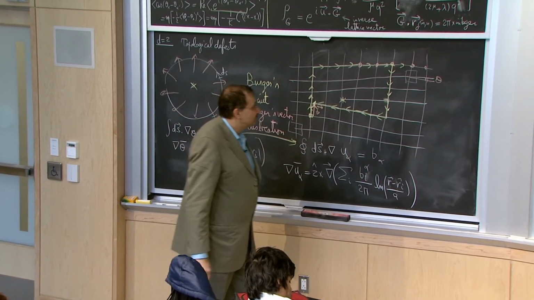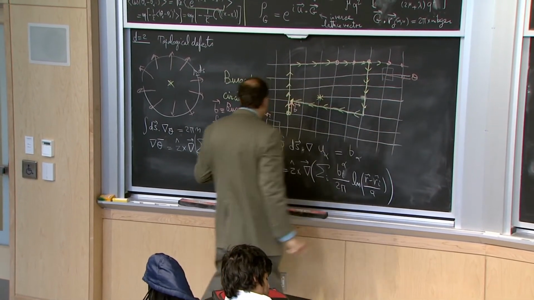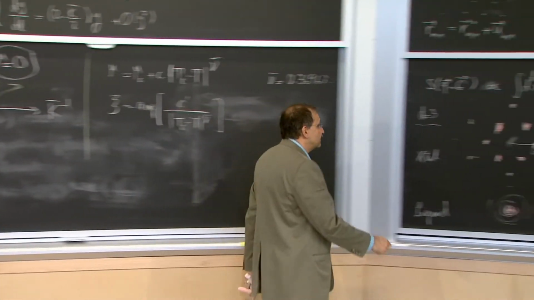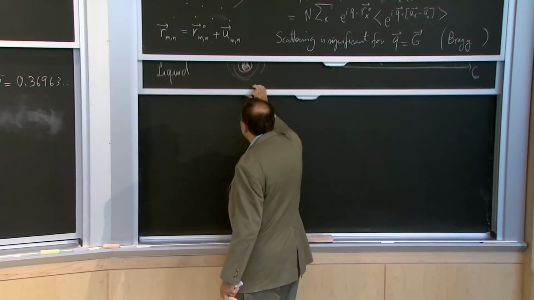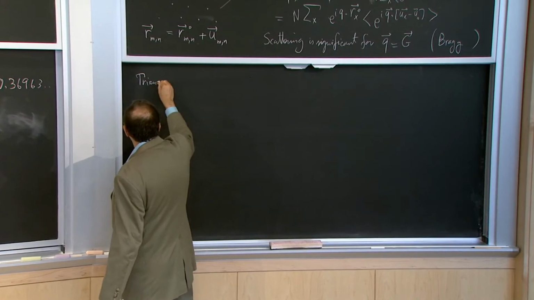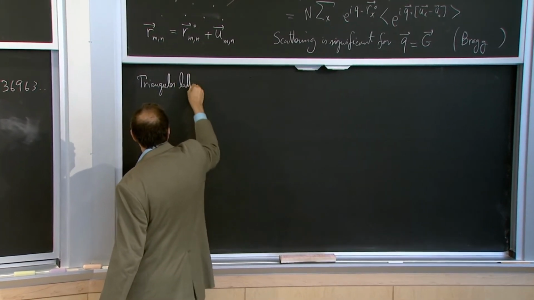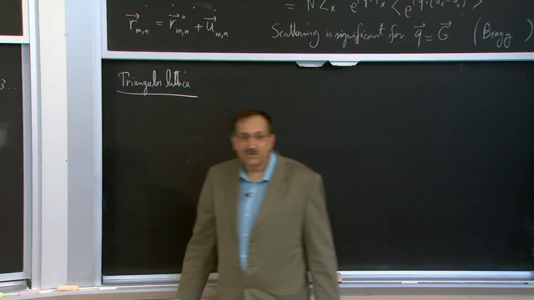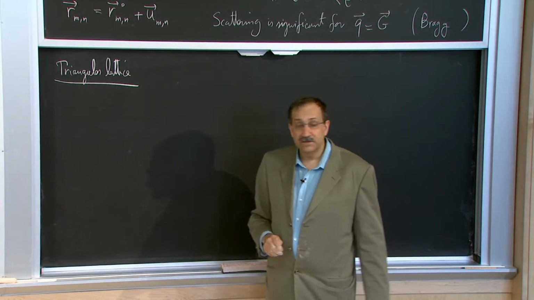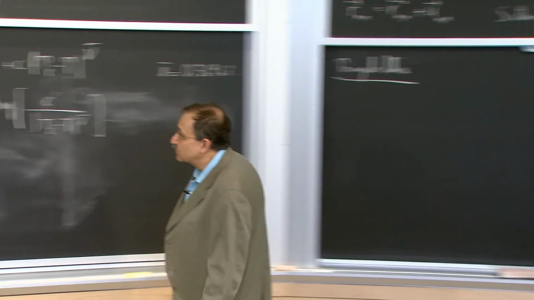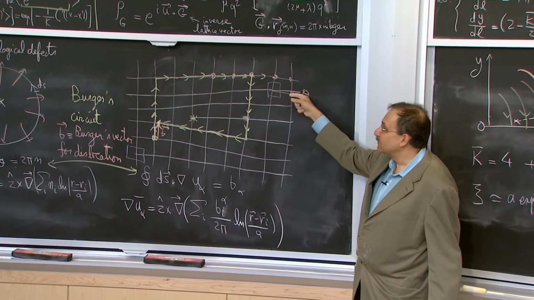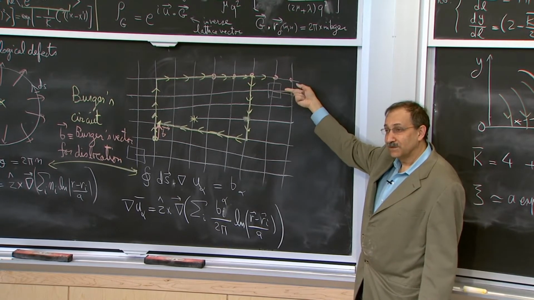Now what I can do is to look at the correlation of orientations at different positions. And it turns out that if I'm doing something like a triangular lattice, I can't just pick the angle and correlate the angle from one point to another point, because let's say on the square lattice, the angle itself, I don't know whether it was coming from a bond that was originally in the x direction or in the y direction.